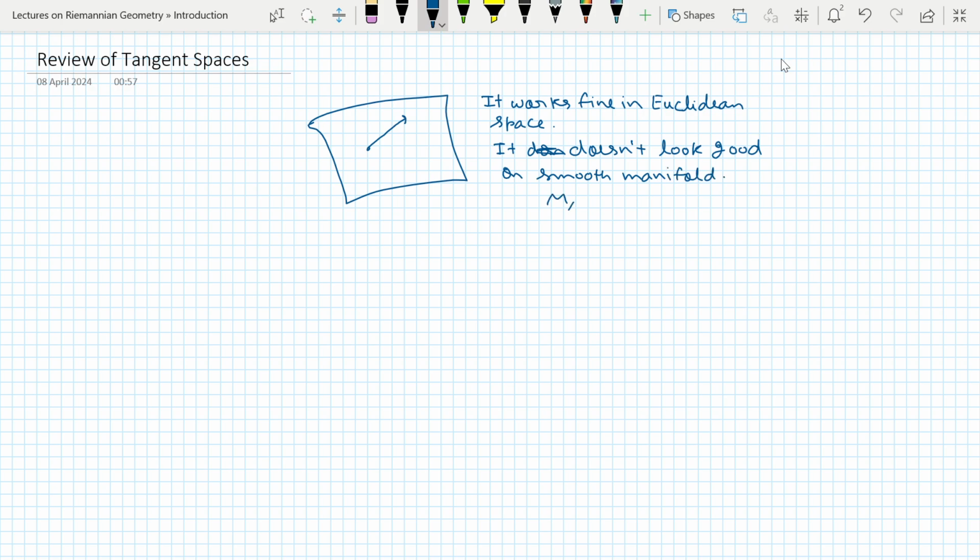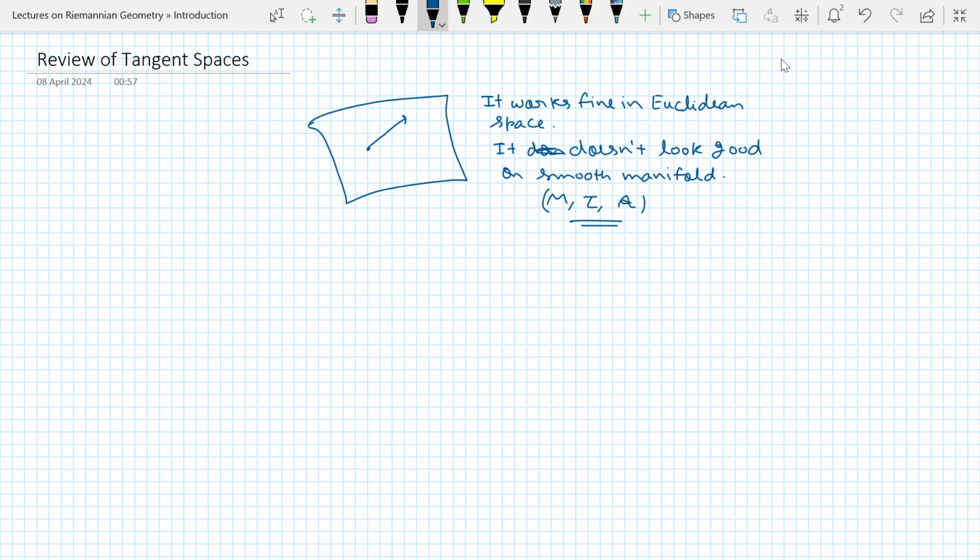A set, a topology, and a smooth atlas. If you are imagining a tangent vector as an arrow originating from a point and going to another point, then that arrow has a length. But on a smooth manifold, we don't have any notion of length. So we cannot talk about arrows like these.